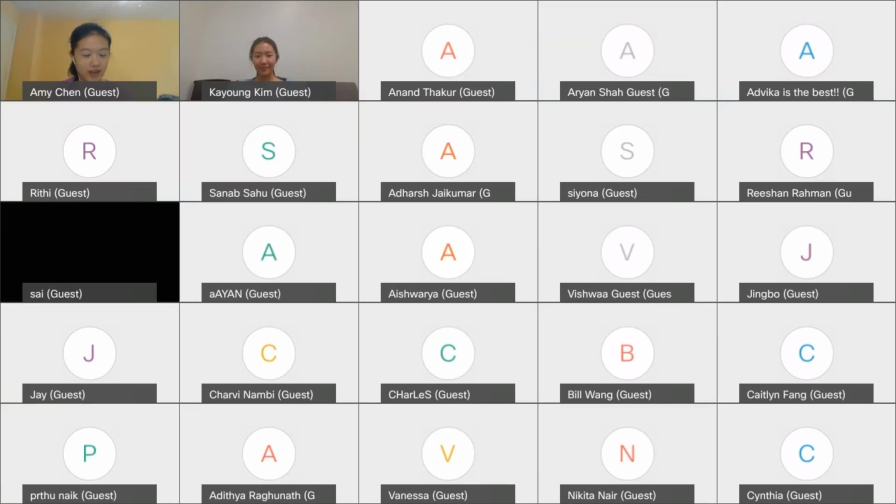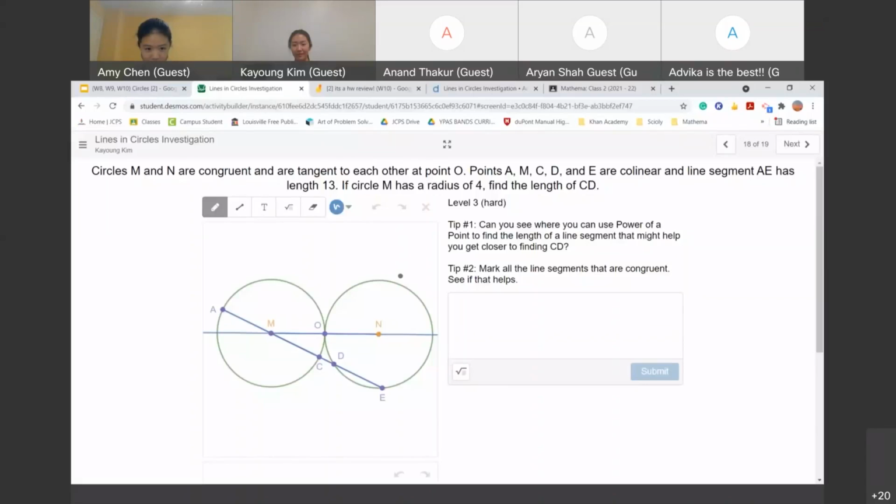Okay, I'm just going to read the question. Circles M and N are congruent and they're tangent to each other, which simply means that they touch each other at point O. Points A, M, C, D, and E are collinear. Does anyone know what collinear means?